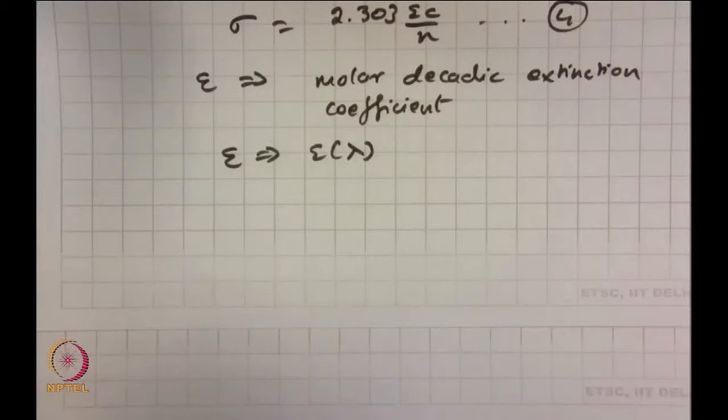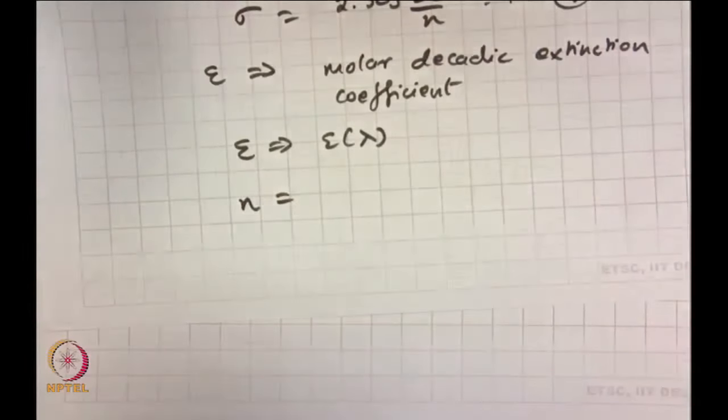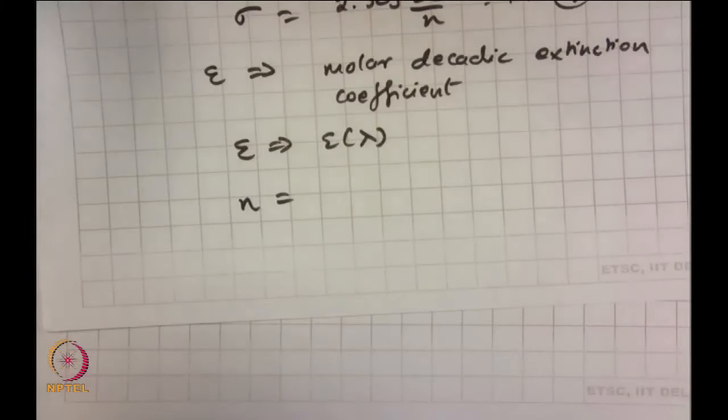Now, what I do is, from equation 4 I want to replace n. What is n? N is the number of molecules per centimeter cube, that is what I said. Now, suppose I want to find the number of molecules, how would I do that? What was concentration C? C is always moles over liter, okay. If I am going to get the number of molecules, I would multiply it by the Avogadro's number, Na.